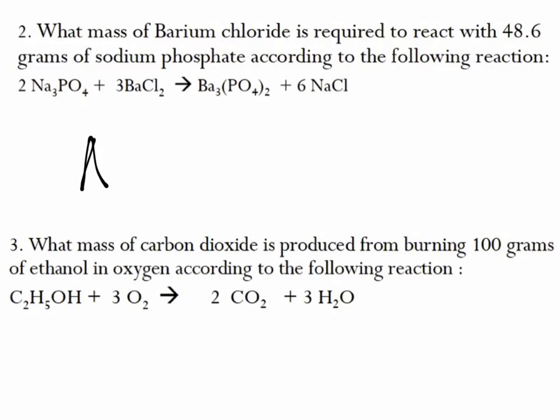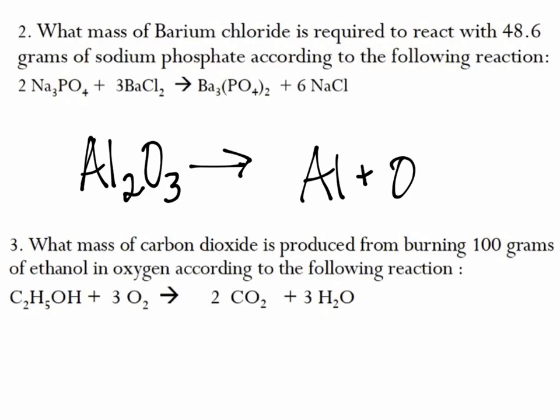So aluminum oxide decomposes into what? Al and O2. And then you come back and balance it. 2, 4, 3. And now you're ready to solve.